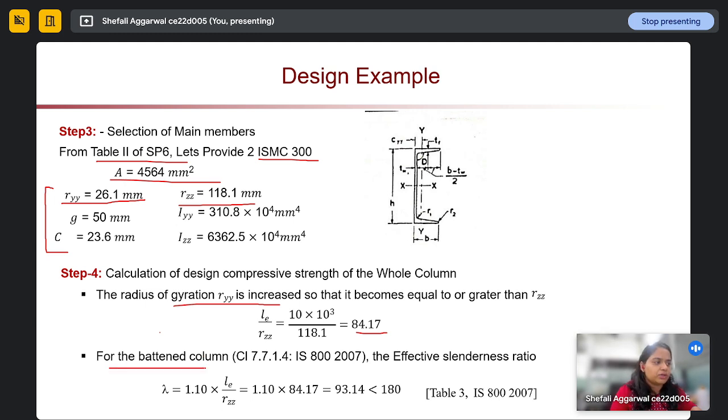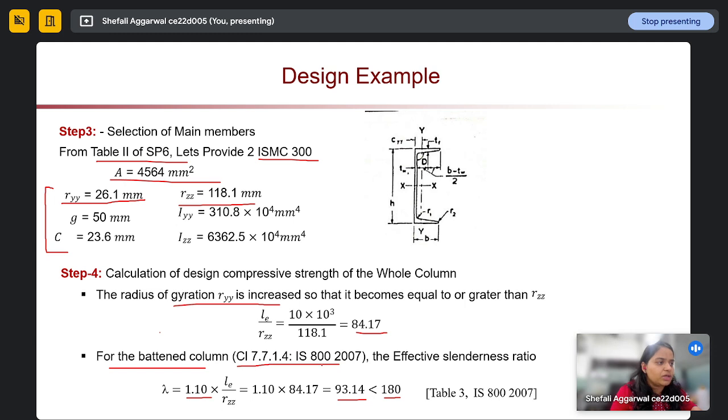According to this clause of IS 800, the effective slenderness ratio is given by 1.10 of KL by r. L effective by r_zz we have already calculated, so the slenderness ratio is calculated as 93.14, which should be less than 180 according to Table 3 of IS 800.